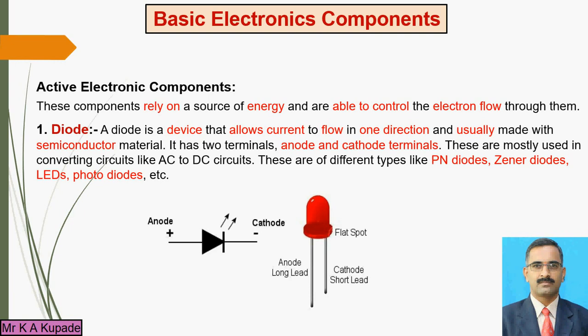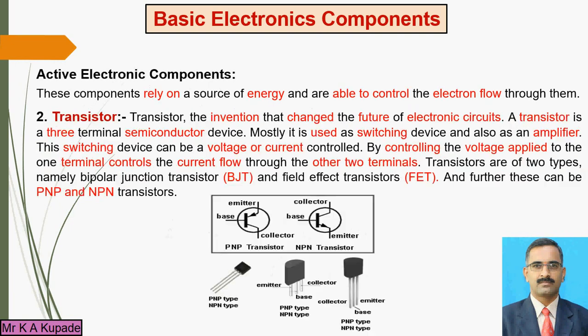In the Zener diode, the bars are again in a different fashion. So there are different symbols of these diodes, and they look different. Whenever we go to the next topics, we will see these in detail.